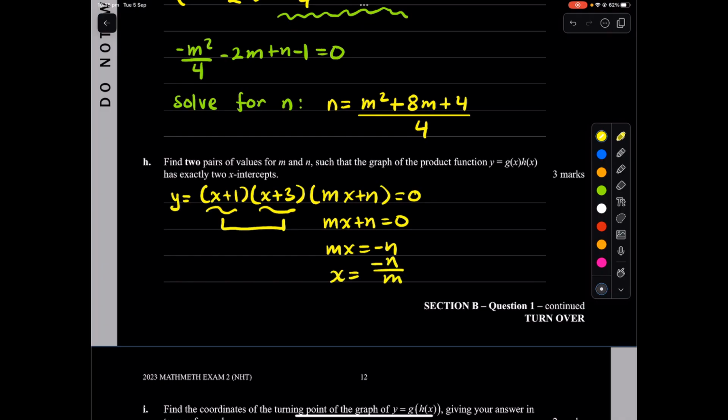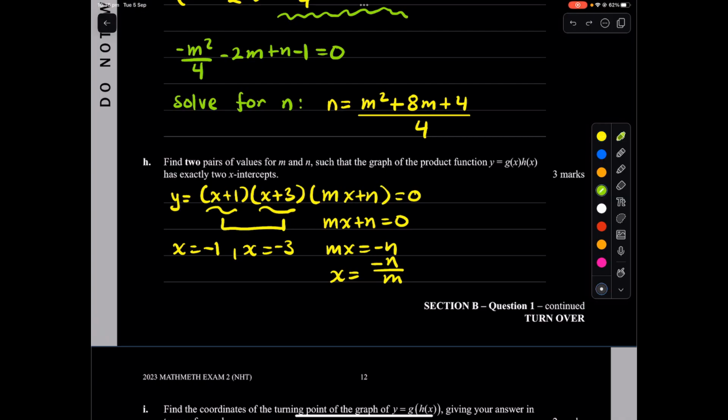What we want is to make sure that, because these are x equals negative 1 and x equals negative 3, we want them to be the same for this value, because then that creates a repeated root, and that still has at least 2 x-intercepts.